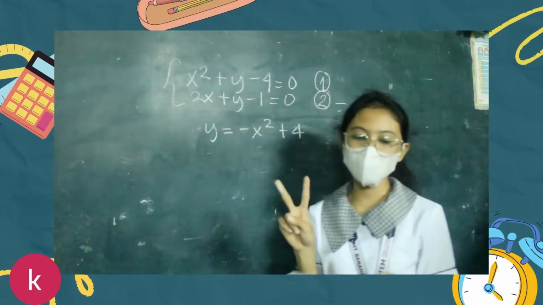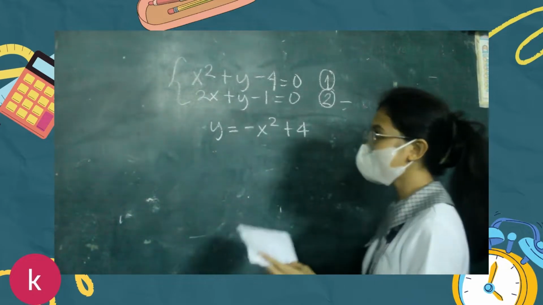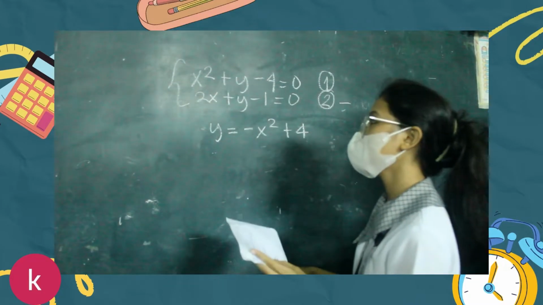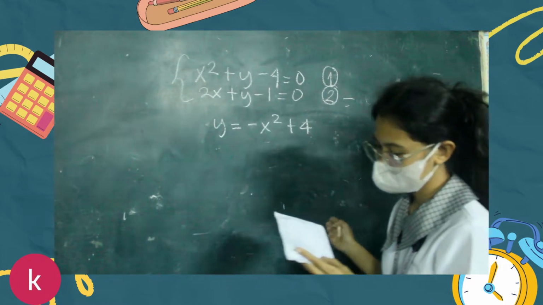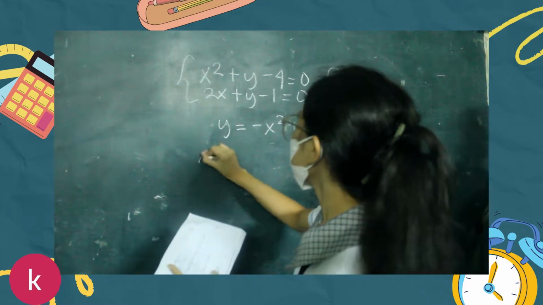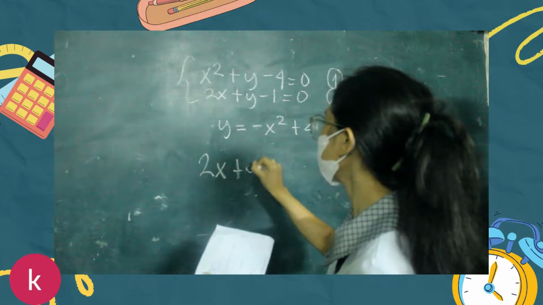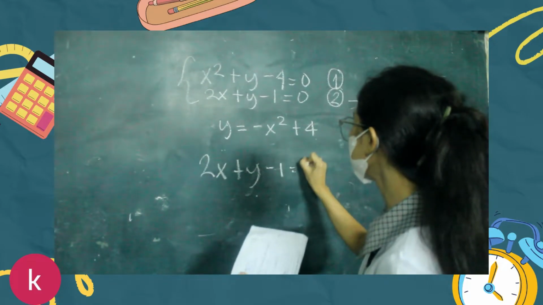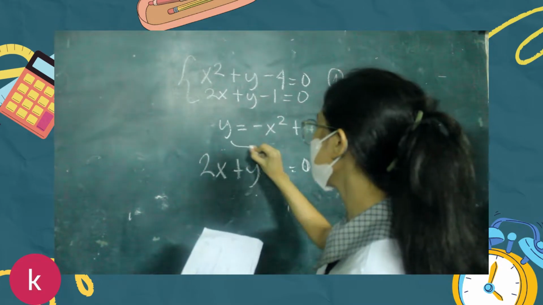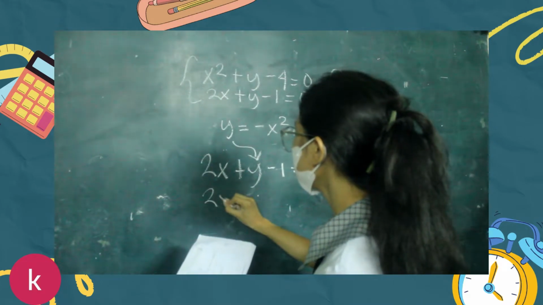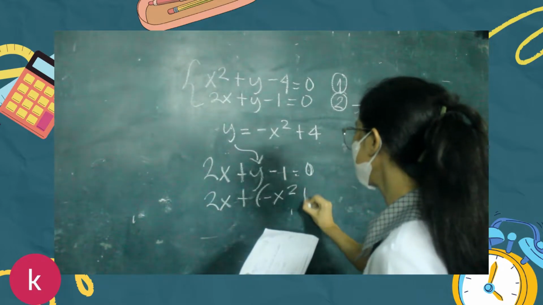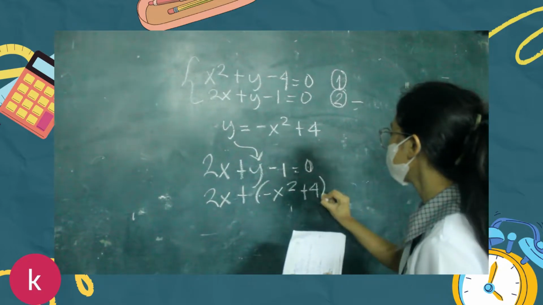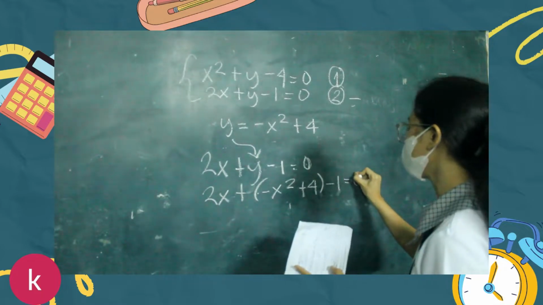Step 2. We must substitute the new equation into the second equation, which is 2x plus y minus 1 is equal to 0. And then substitute the y. So 2x plus, open parenthesis, negative x squared plus 4, close parenthesis, minus 1 is equal to 0.